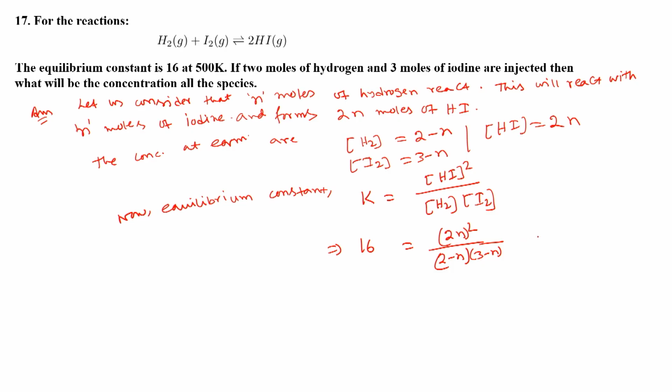Okay. So, what we got is 4 times (2 minus n) times (3 minus n) gives you n square. If we solve it, we get 3n square minus 20n plus 24 gives you 0.